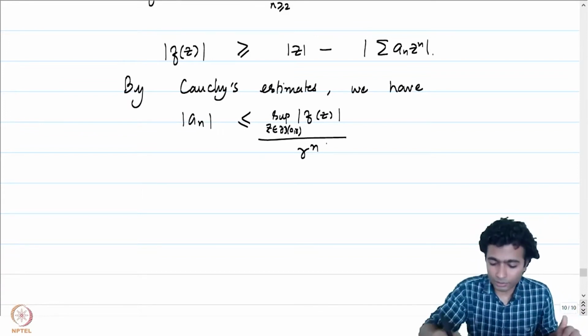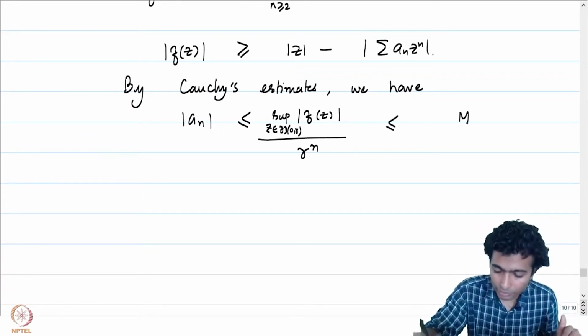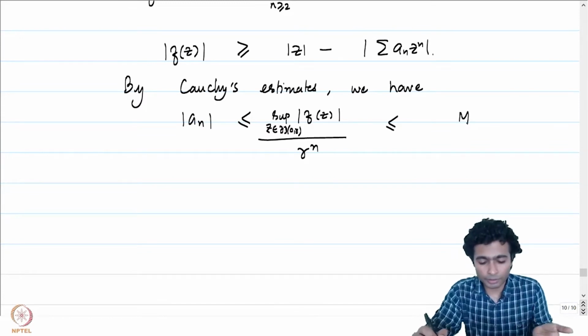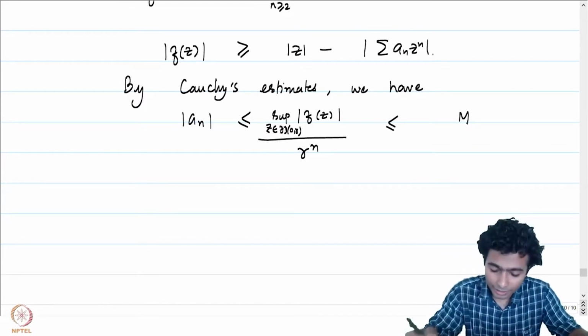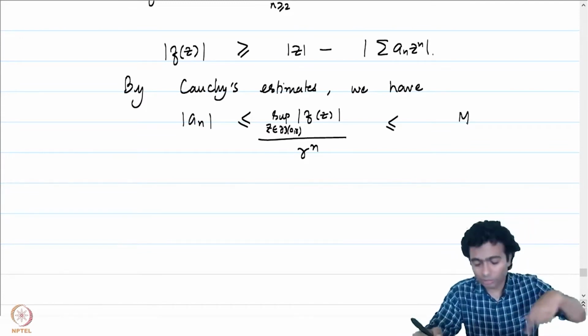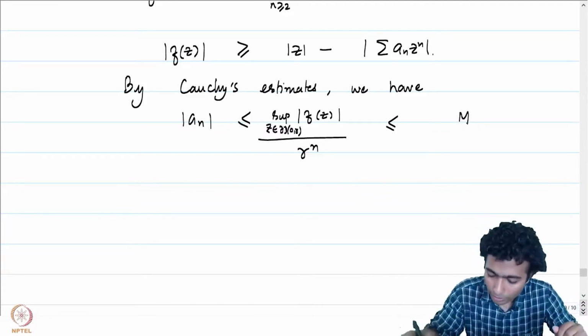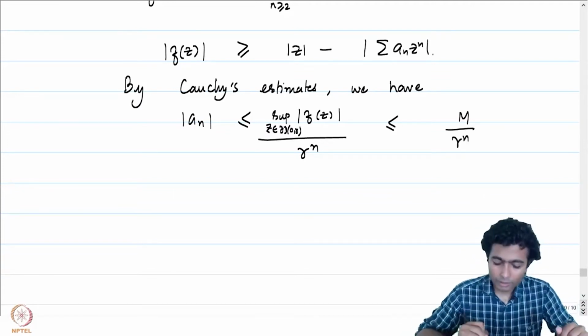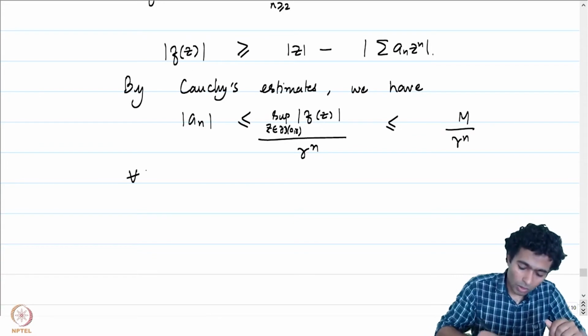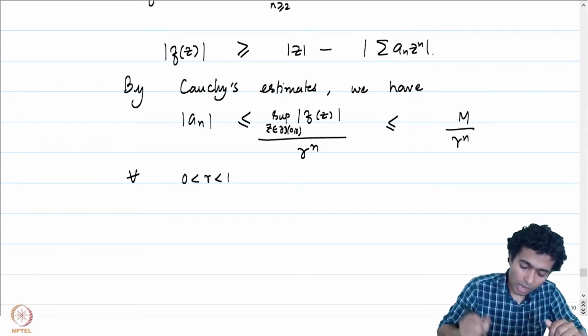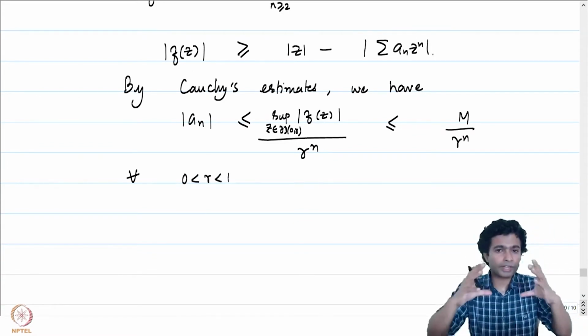And this we know is bounded by M, because the absolute value of f of z is less than or equal to M for all z in D, in particular on the circle of radius r. And this is true for all r less than 1. Remember that f is defined on the unit disk.